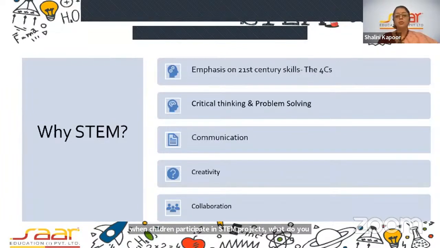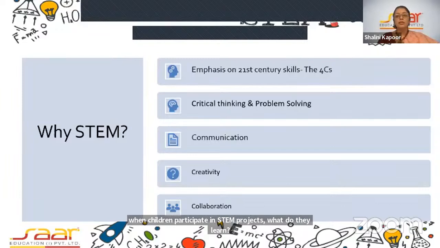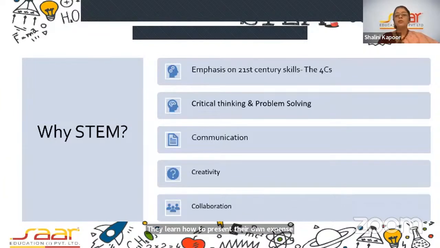They learn how to present their own experiments, their own solutions in different manners. It could be PPTs for the senior children. It could be just a resource discussion in the junior classes. So communication skills are greatly enhanced when children participate in the STEM process.